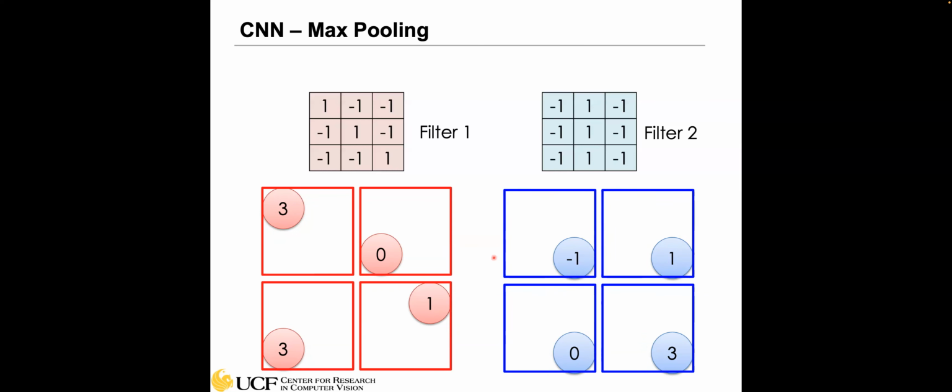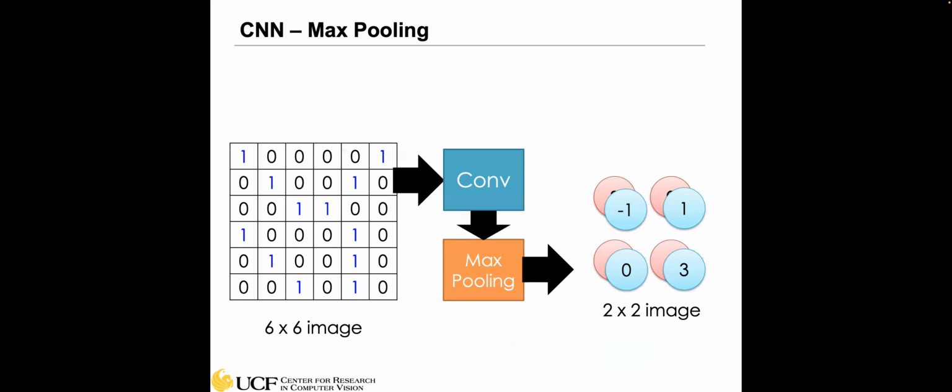So you end up with a reduced feature map size. Originally you have 4x4, now you have 2x2. Basically, after the max pooling, you end up with a new feature map, but with a smaller size.